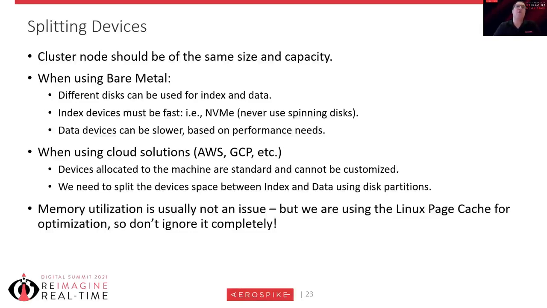When talking about a cloud solution, there's not a lot of wiggle room here. Then we'll be using the devices that are allocated by the machines. Usually when talking about AWS, we'll use the bigger ones, the ones that have a lot of space, the i3en for example, and then split the device between the index and the data, trying to keep those in line in order to get the maximum number of objects.